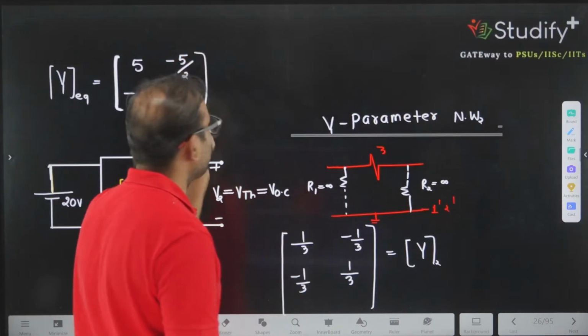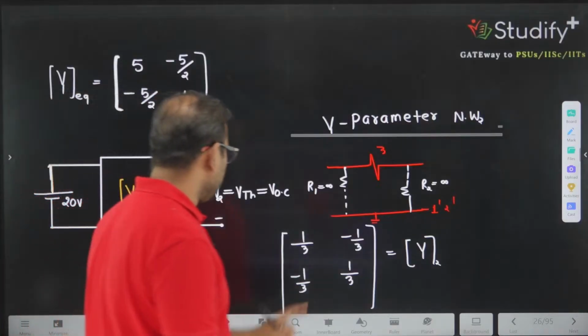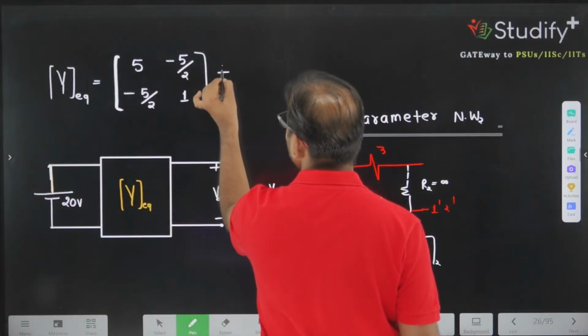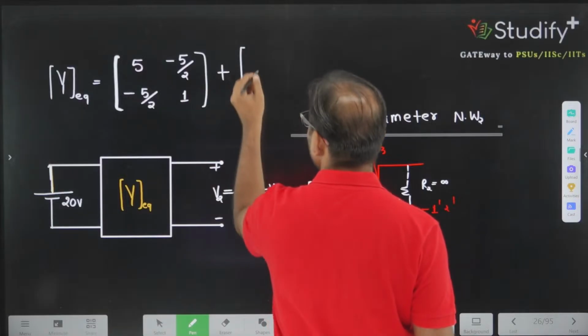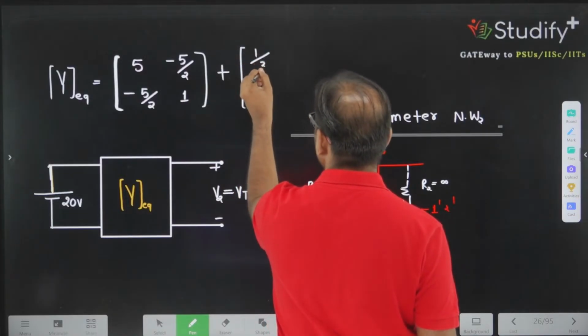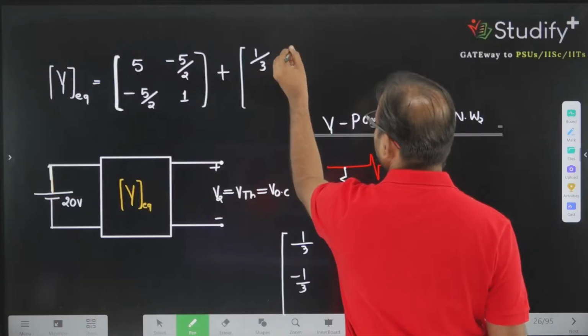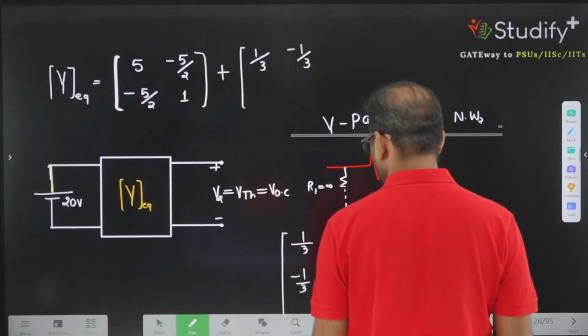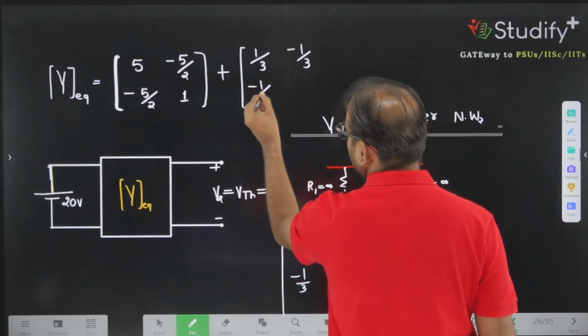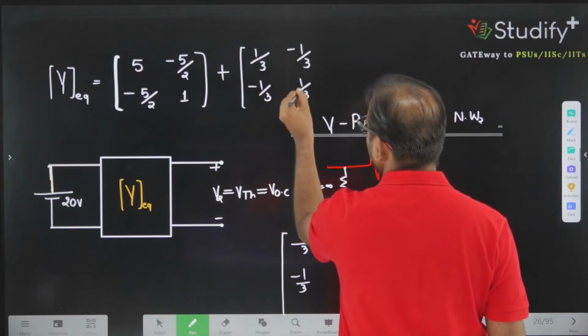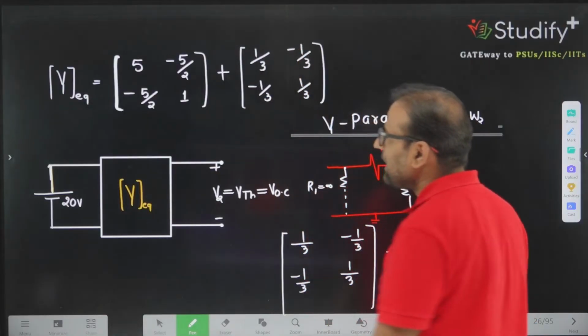And what is the second number? The second number we are having here is 1 by 3, minus 1 by 3, minus 1 by 3 and 1 by 3. I can get the equivalent of this.